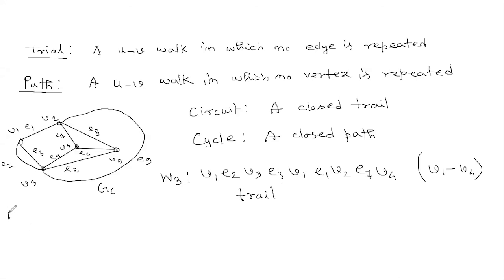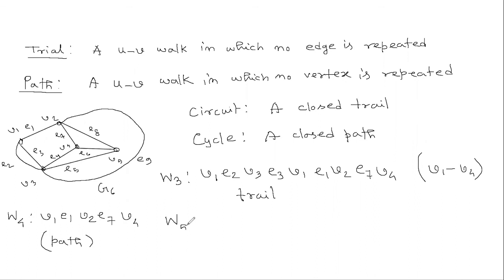Let us try to write another walk, say W4. It is from V1, E1, V2, E7, V4. So here all the vertices are distinct vertices, so this is an example of path.